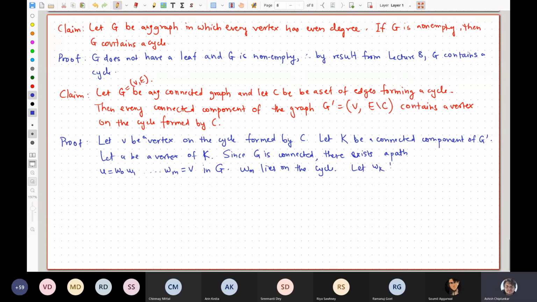Let wk be the earliest vertex of the path that lies on the cycle. I hope the meaning of earliest is clear. What I mean is the minimum k such that wk lies on the cycle.